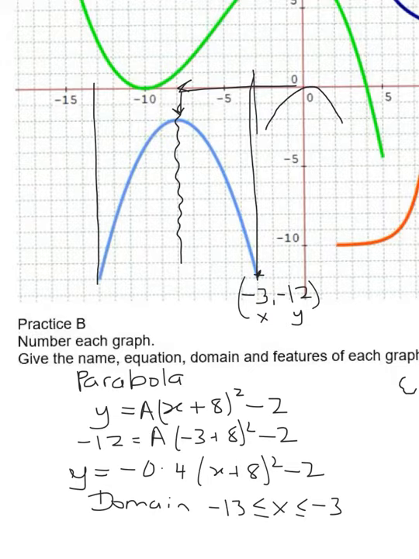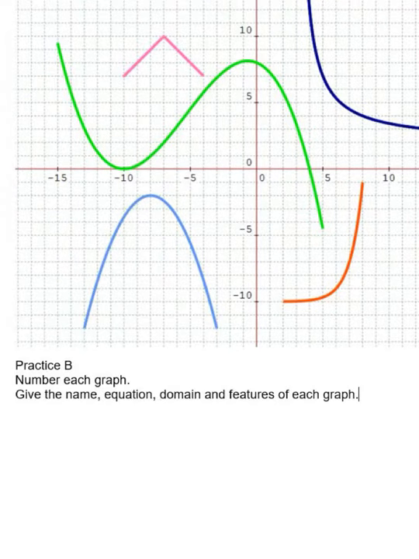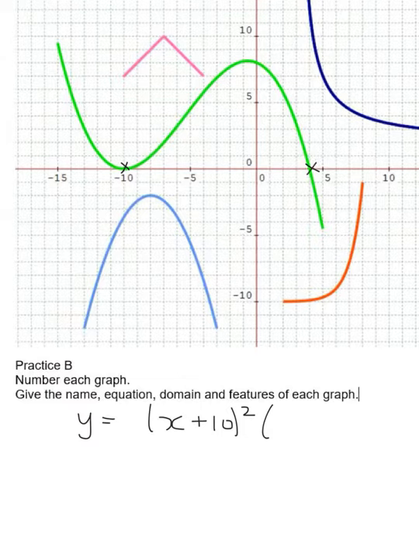Okay, our next look at the cubic. This S-shape graph, we've got y equals, now our first point here, it doesn't cut through the line at -10, it kind of bounces. So it almost looks like a parabola. That'll be x plus 10 squared, and my next point will be over here at 4, so it's going to be x minus 4.